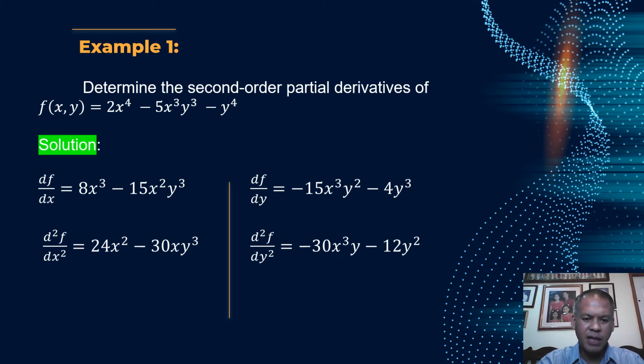And for the derivative of negative 15x squared y cubed, considering y cubed as a constant, we have negative 30xy cubed. So therefore, the second derivative of the function with respect to x is 24x squared minus 30xy cubed.